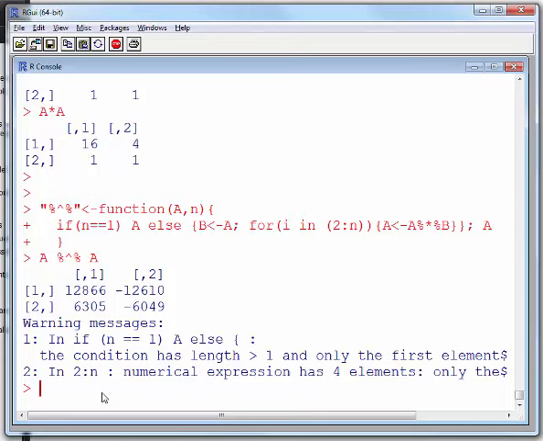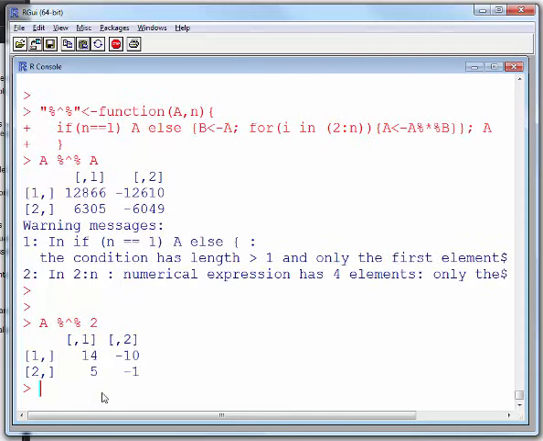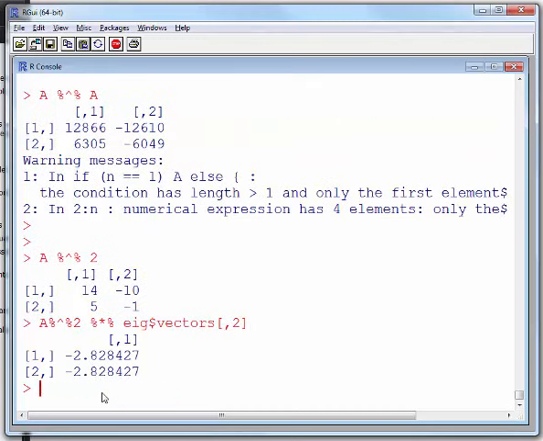Whoops, that's not at all right. I meant like this. There we go. Okay, so now maybe if I try that again and do A squared this way, then I get good.